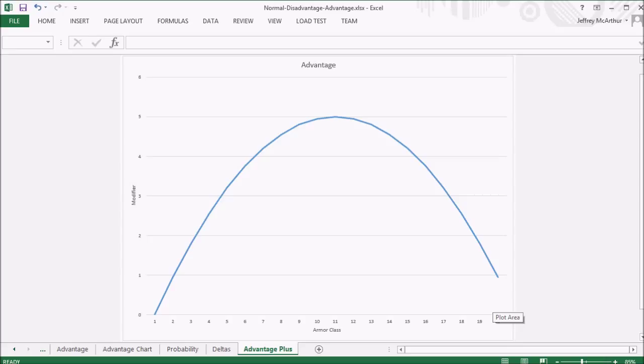Now, I'm really not sure that that's what they intended, but that's what we get with 5th edition. It makes me question some of the things about advantage. It's simple to do, it's easy to roll, it doesn't affect the speed much, but it affects the middle armor classes more than it does the high or the low armor classes.